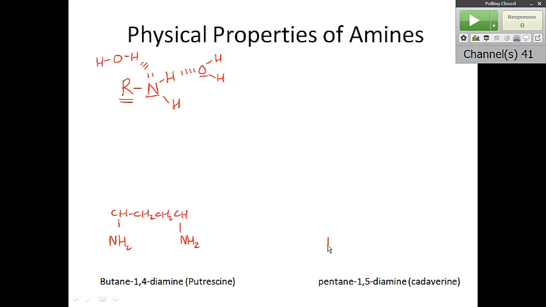And then if you add an extra carbon to that, you end up with another product called cadaverine. Those two are examples of basically why amines have this fishy smell, because when fish die, or when they start to decompose, they form those compounds.